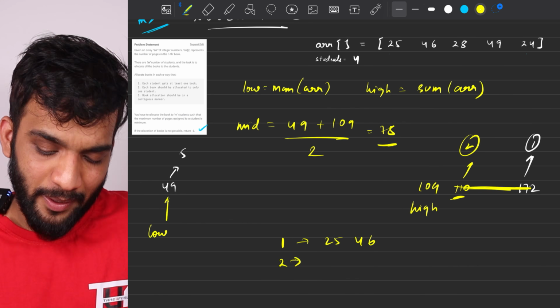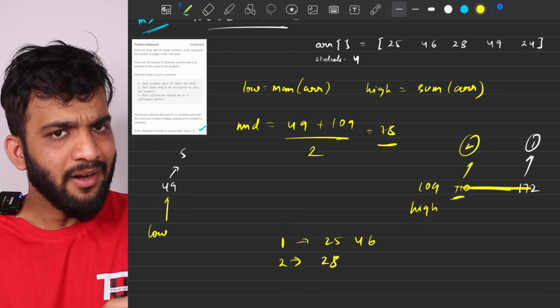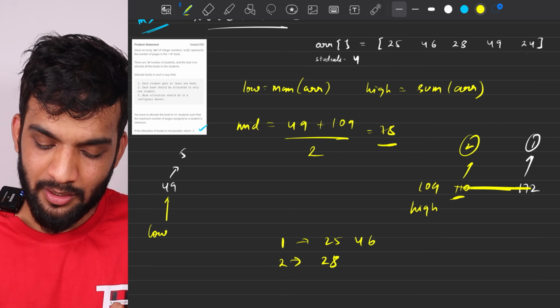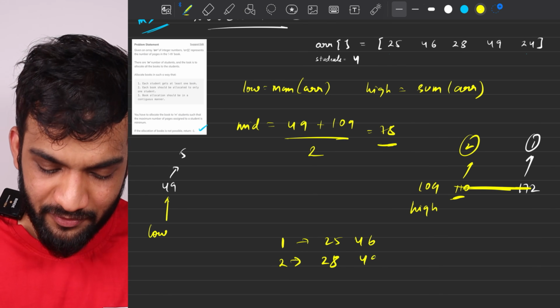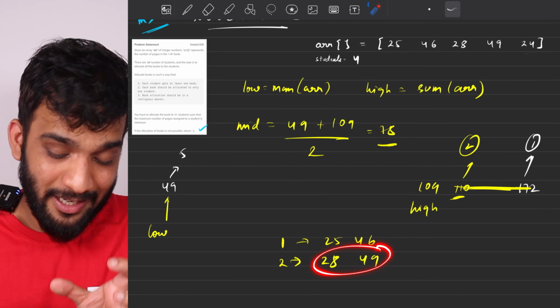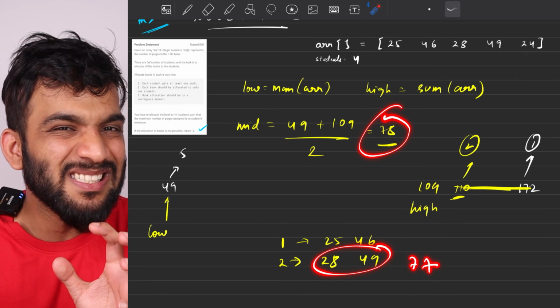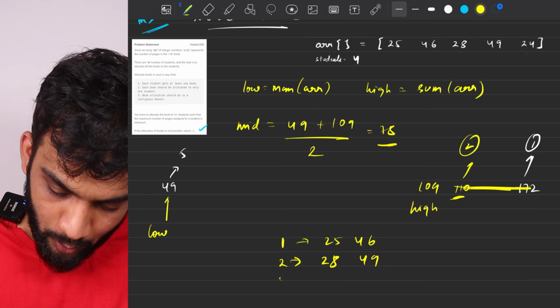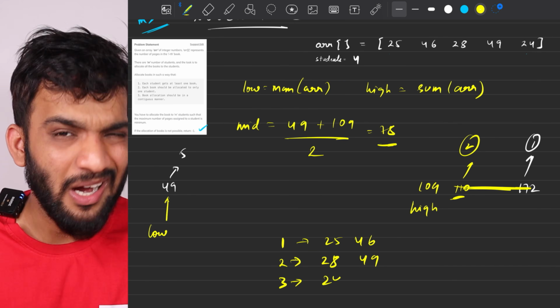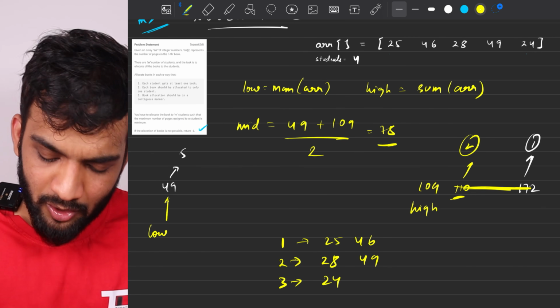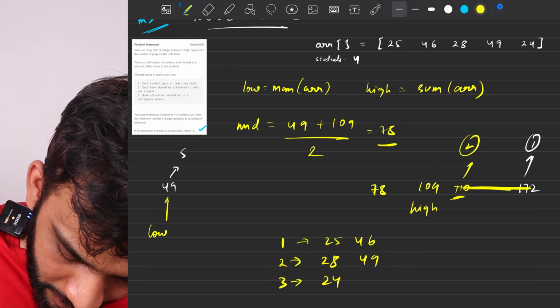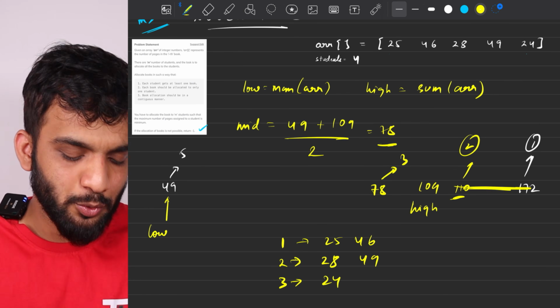With 2, can I give 28? I can. Can I give 49? I can, because if I give 49, it will still be 77. The barrier is 78. With 3, can I give 24? I can. So with 78, I can do it with 3 students.